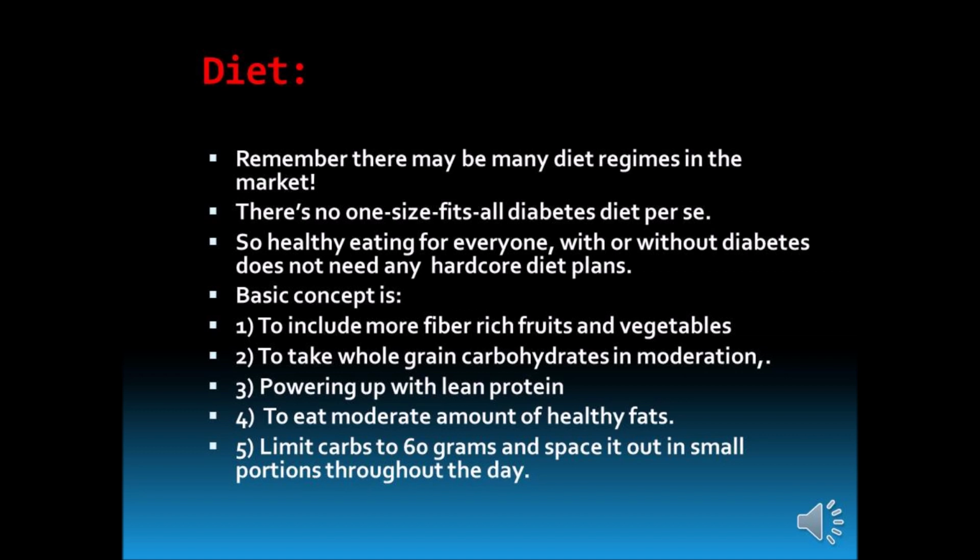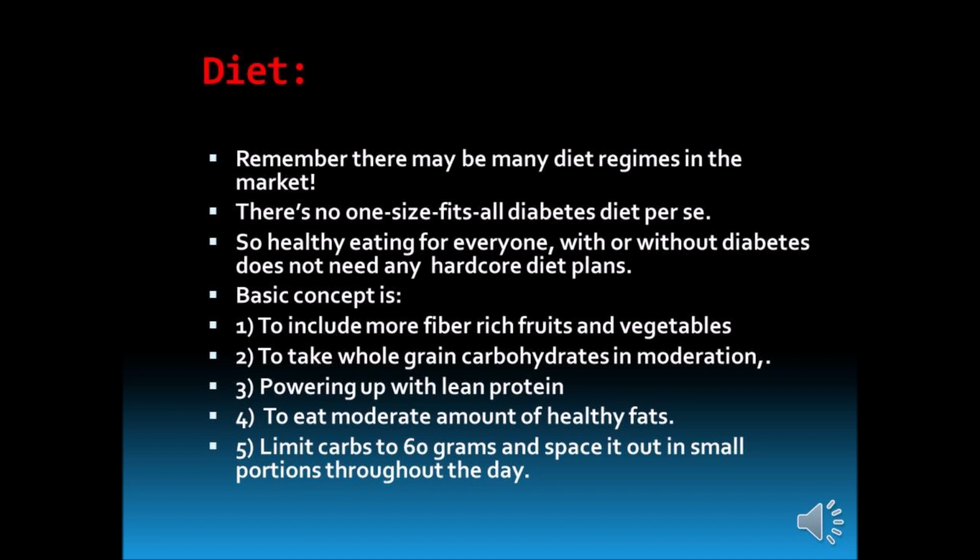Remember, there may be many diet regimes in the market. There's no one size fits all diabetes diet per se. So healthy eating for everyone with or without diabetes does not really need any hardcore diet plans.